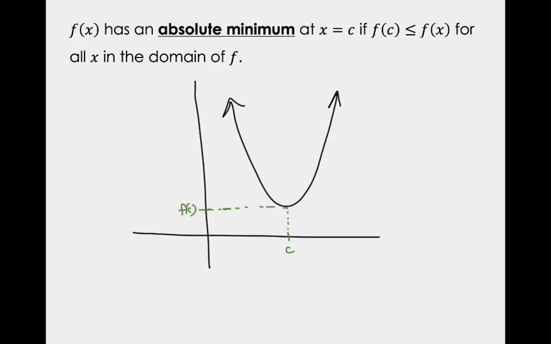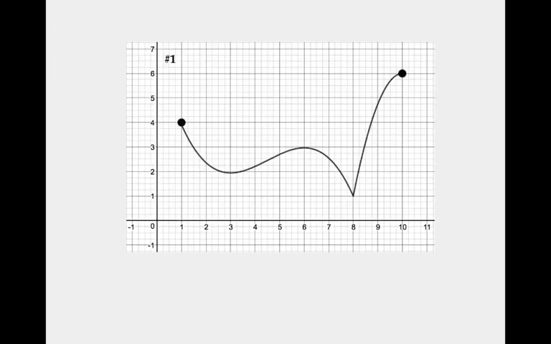We're just going to go look and see if we can identify these by looking at some crazy graphs. Chapter 4 graph number 1. If we're looking for an absolute maximum, we're looking for the absolute biggest y coordinate achieved by this function over its entire domain. That's going to be this point over here on the right. 6 is the biggest y coordinate we get, so we would say that the absolute maximum is equal to 6 at x equals 10.